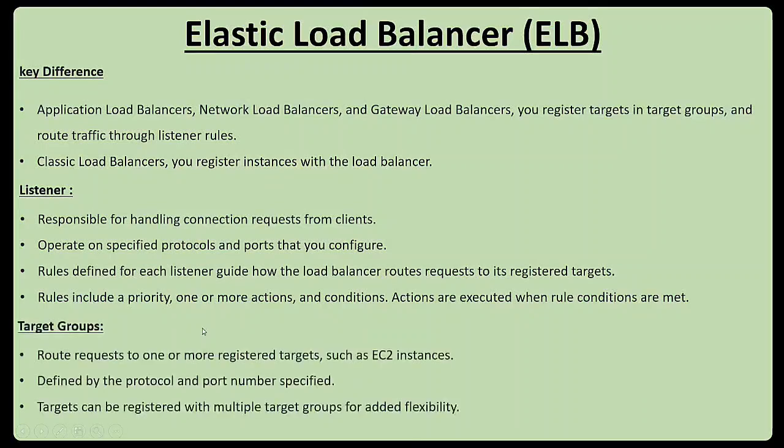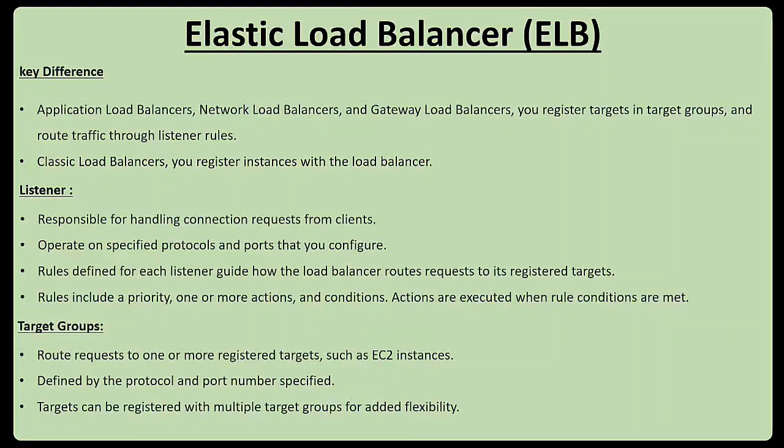And what do we mean by target? A target group is a set of resources, or a set of EC2 instances, which serves your requests. Requests are routed to one or more registered targets, such as EC2 instances, defined by the protocol and port number specified. So you need to allow particular ports on a particular EC2 instance.